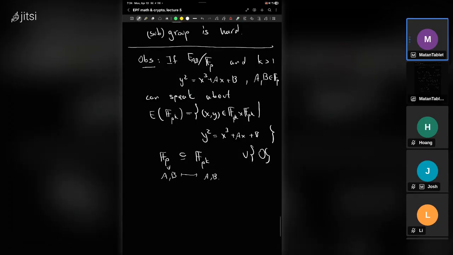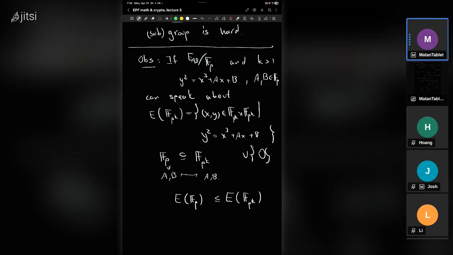So by that, I get that E(Fp), the Fp points on E, is a subgroup of the Fp^k points over E. And this is why it is useful to think about an elliptic curve as just an equation defined over some base field.